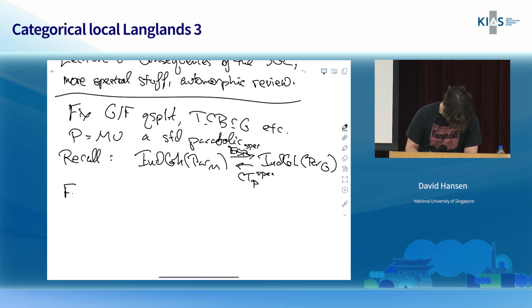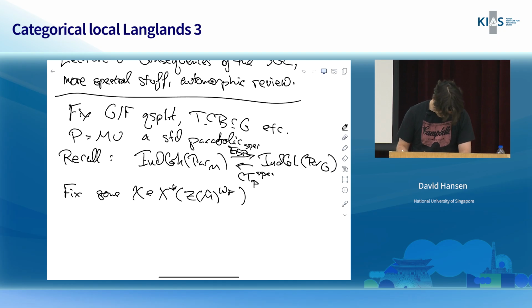And a priori, this does ruin coherence, but there's one little thing that we can do to fix it. So now let me fix some chi. This will be a character of the Galois invariant center of the dual Levi.